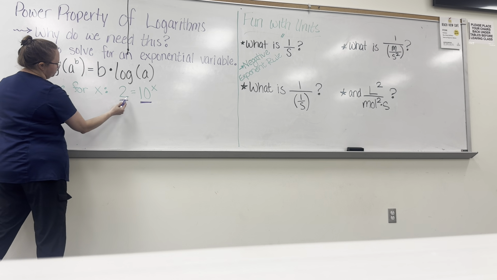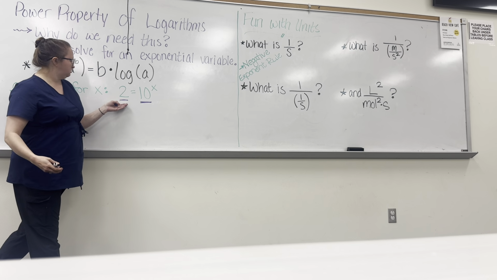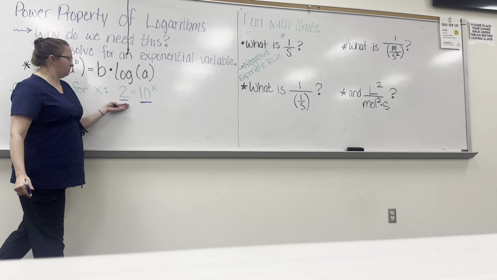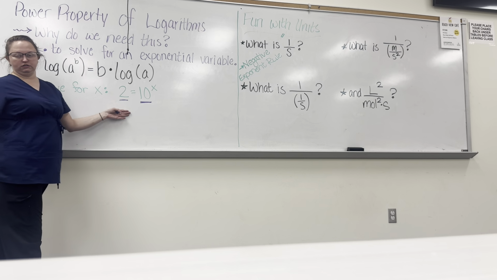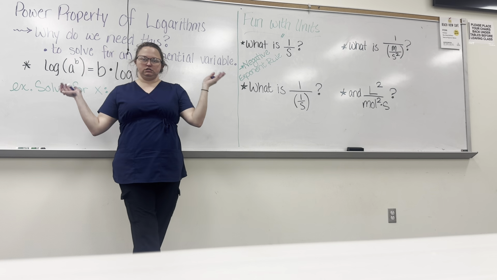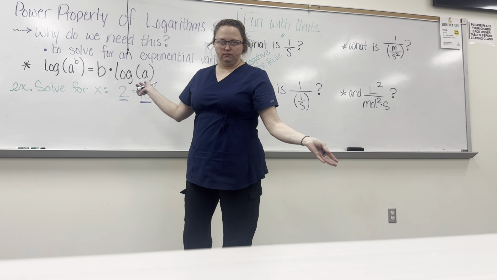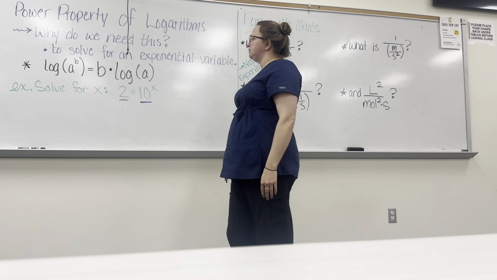Well, you see 2. Is that a or is that b? I just see a 2, right? Well, it's not just a 2. We've talked about how there's lots of things that are just understood in math. An x is not just an x, it's a 1x.